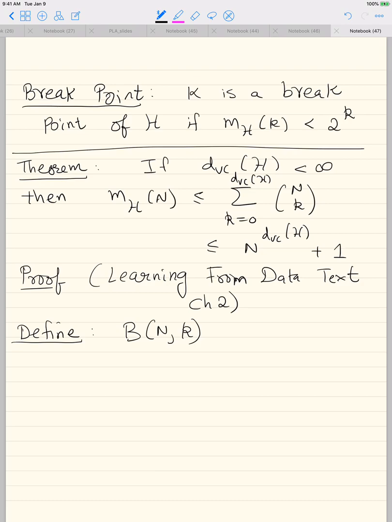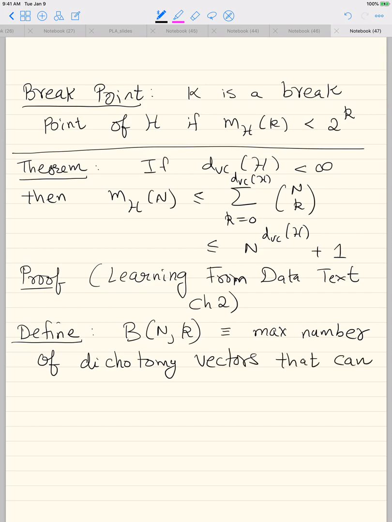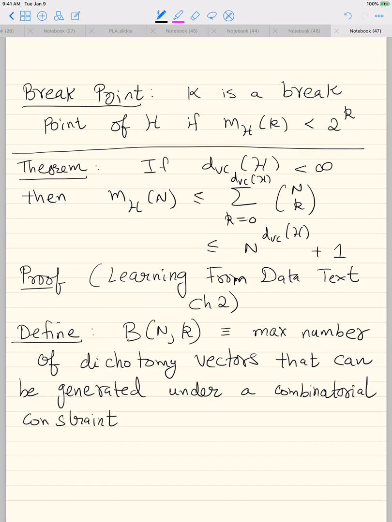This denotes the maximum number of dichotomy vectors that can be generated under a combinatorial constraint that no k points have been shattered.